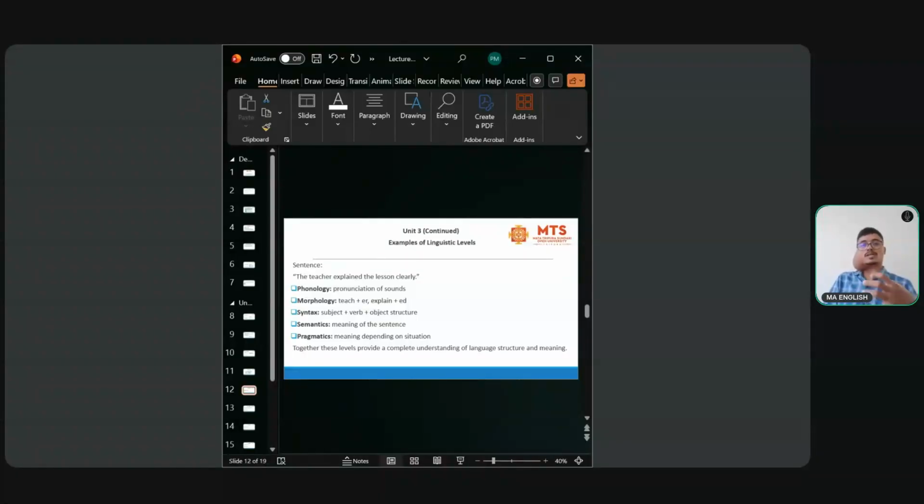But if a school inspector writes this in a report, it carries a very different weight. Same words, different meaning in context. So this is what pragmatics explores.